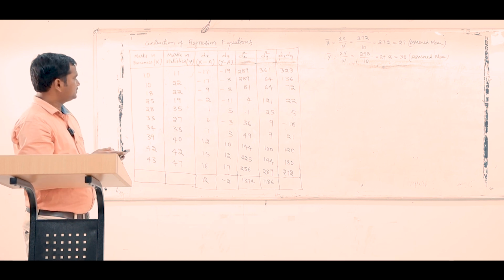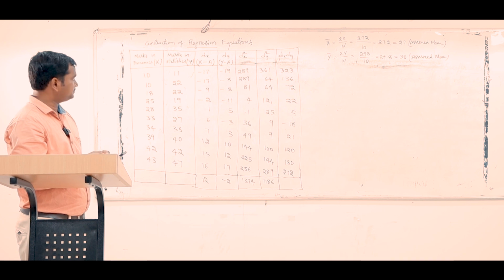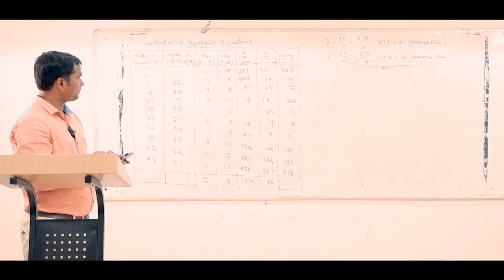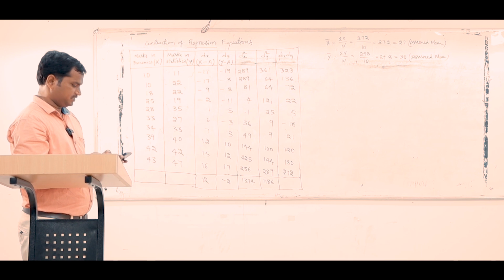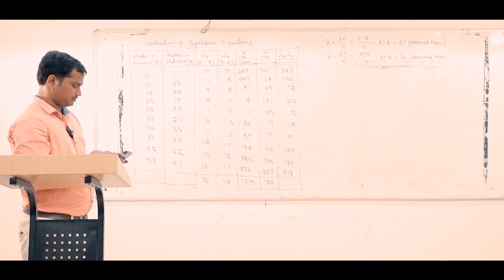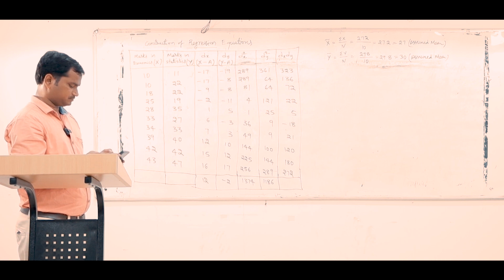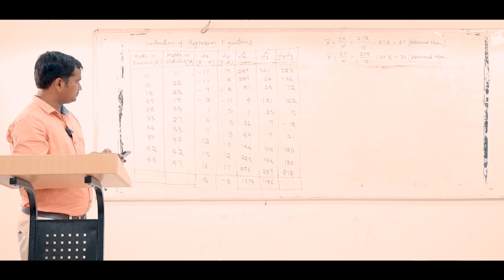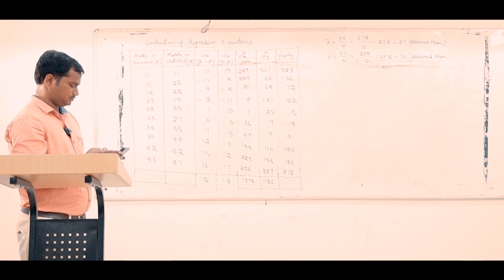So here 3 plus 136 plus 72 plus 22 plus 5 plus minus 18 plus 21 plus 120 plus 180 plus 272.